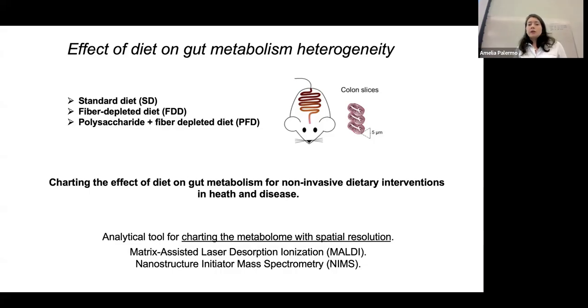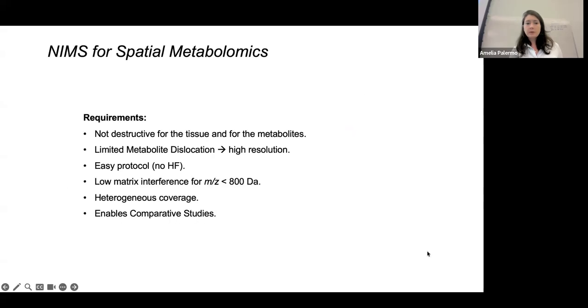And so here the objective was to validate whether this NIMS approach, nanostructure-initiator mass spectrometry, which is the way to broadly define the category that included perfluorinated gold nanoparticles as a matrix, was suitable for charting metabolism over space.